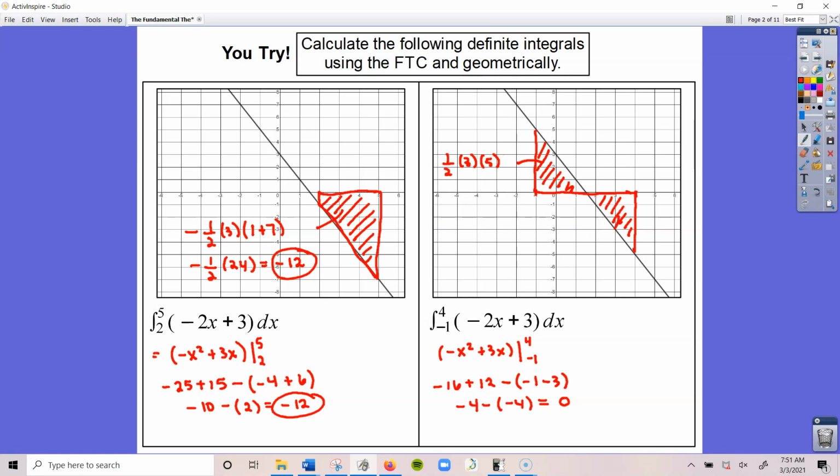For this triangle, because it's below the x-axis, it's negative, so negative 1/2 times the base, which is 3, times the height, which is also 5. So see how we get this area and this area, this is positive and this is negative. And since they're the same triangle, they would just cancel out and give you an area of 0.